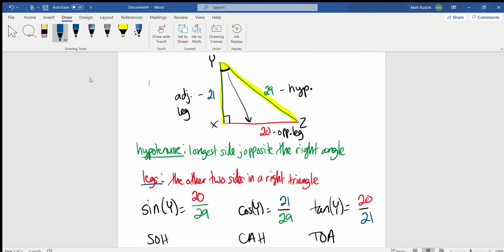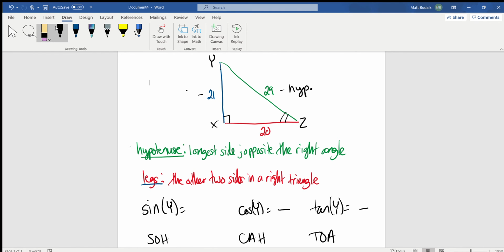Okay, and again, these are all for Y. So now let's say that I change this, and now we're looking at angle X instead of angle Y. Or sorry, not angle X. Let's do angle Z. So if I'm looking at angle Z, again, that 29, that YZ, that's still the hypotenuse.